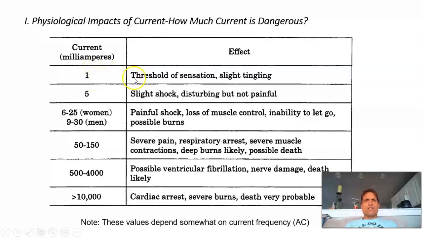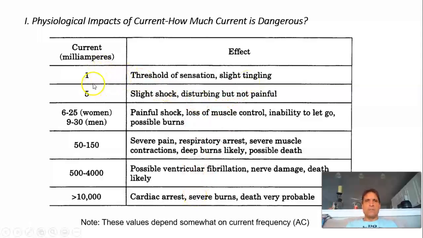So what happens there? This is enough current that if you short circuit through you, or if you touch both ends of the wire, you can get a little bit of a tingling. You're not going to die from it, or have any serious problems, but it's enough that you need to be careful, right?